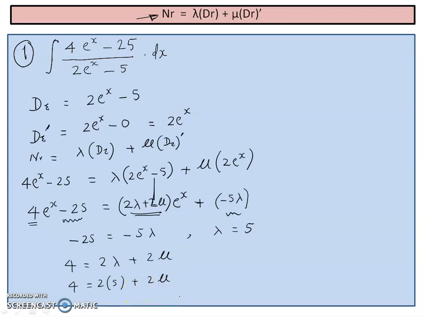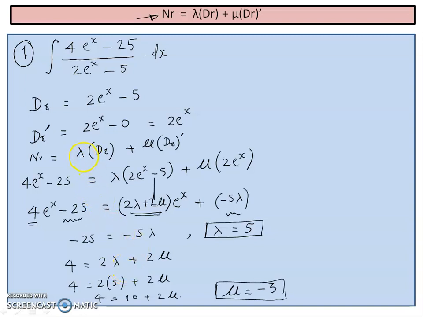So this will give me 4 is equal to 10 plus 2 mu, and this gives me 2 mu is equal to minus 6, so mu is equal to minus 3. So I got these two results, lambda and mu. समझ गए बच्चों? ये simultaneous equations solve करो, एक बार फिर से cross check करो and then we proceed.